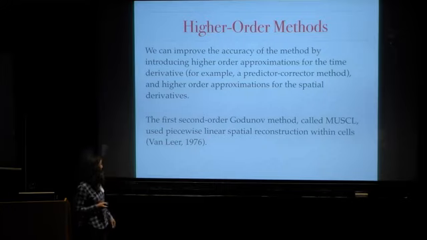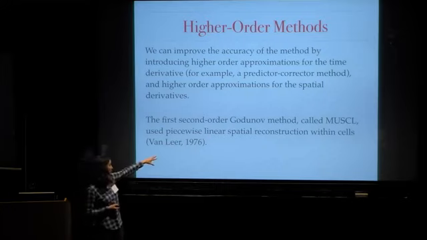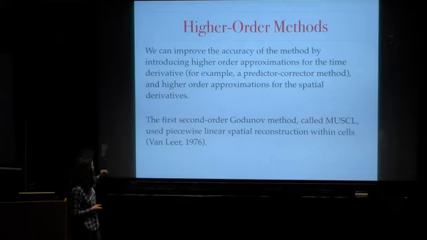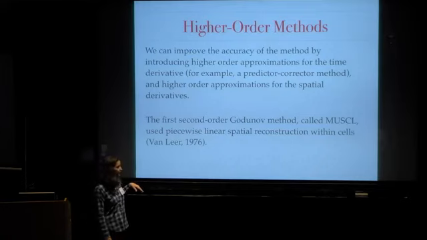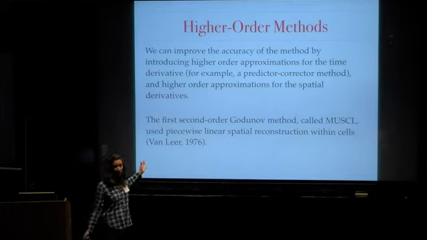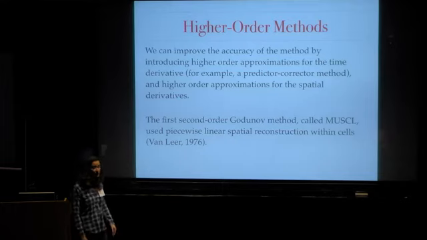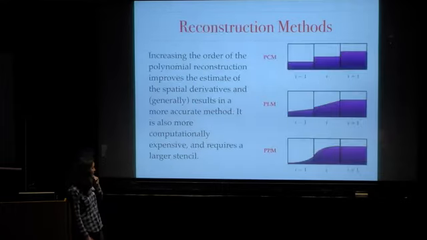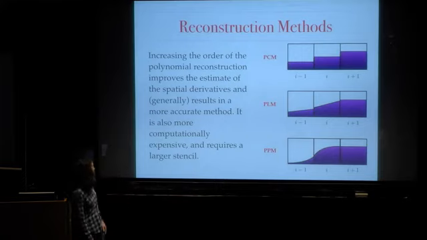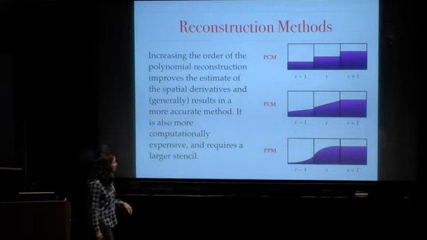So for example, the first second order Godunov method, which was called MUSCL, was developed by Bram van Leer, and the idea there was just, okay, do the same thing, but a higher order spatial derivative. So take piecewise linear reconstruction within the cells. And so you can do this for progressively higher orders in space.